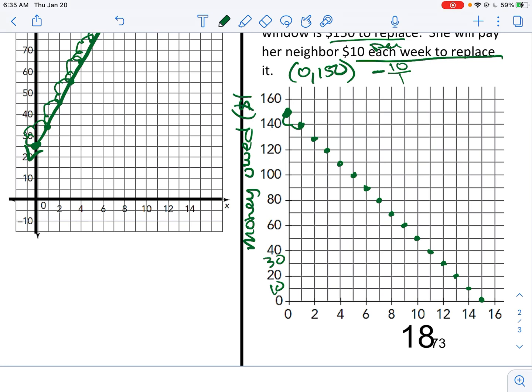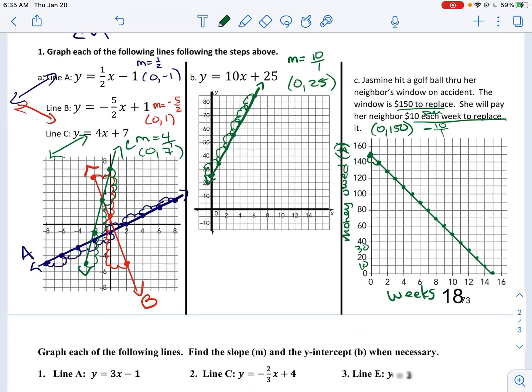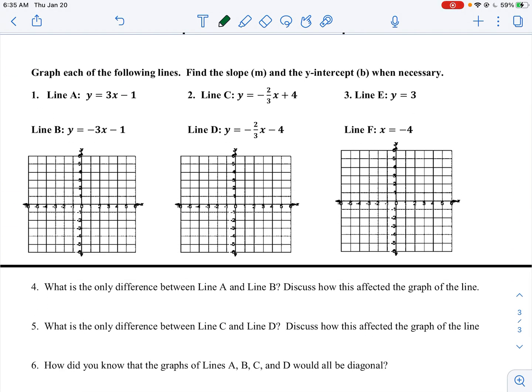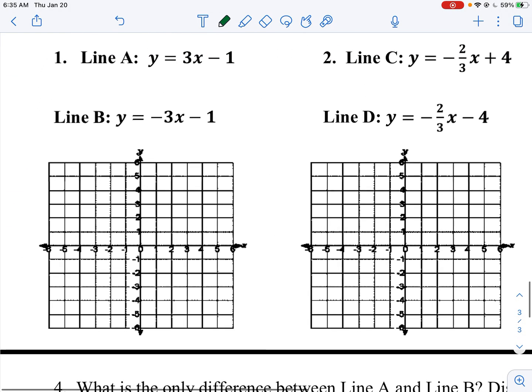There we go. That's better. And this is weeks. So how many weeks is it going to take to replace it? 15 weeks.